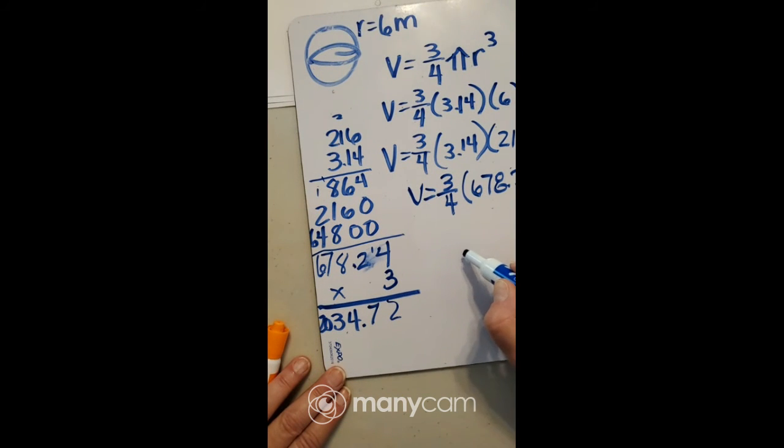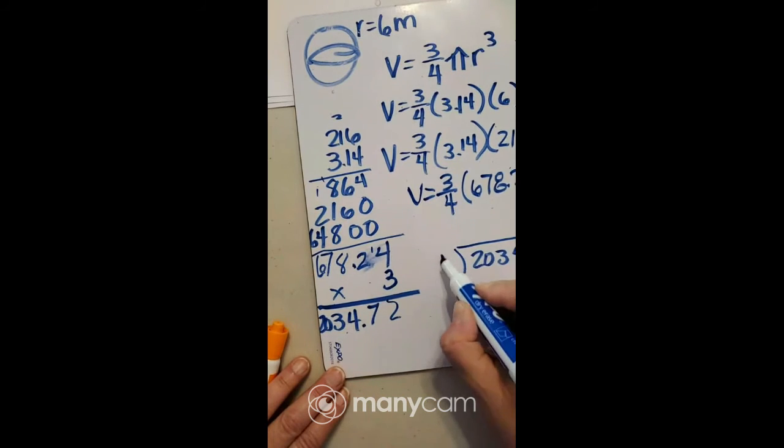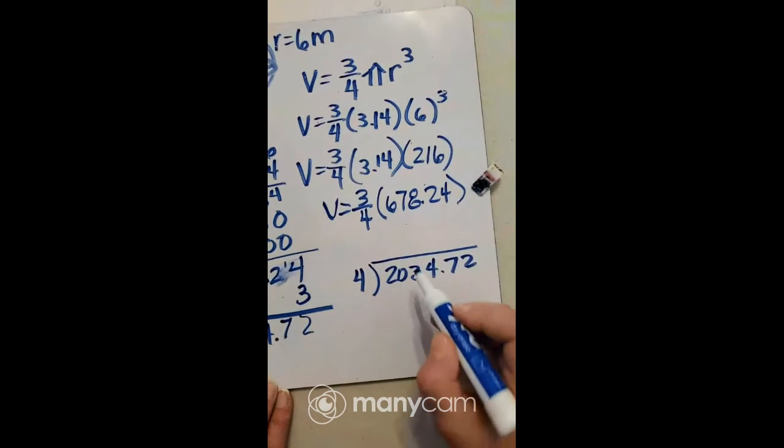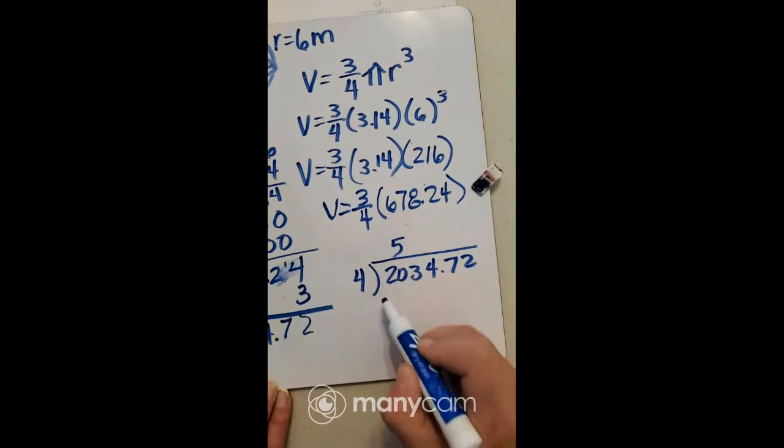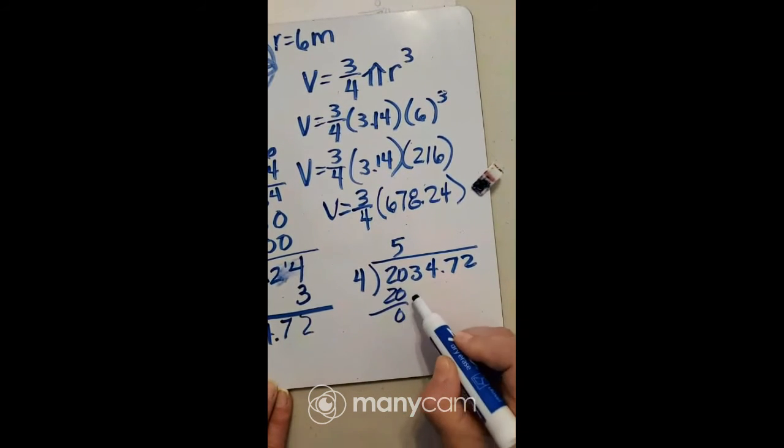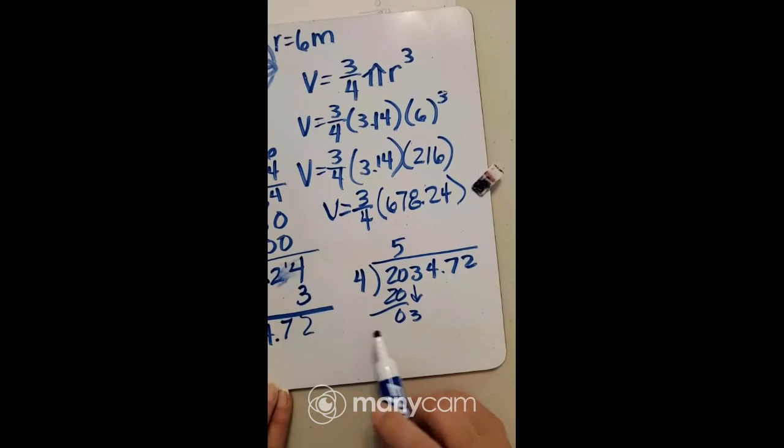Now I need to divide that number by 4. 2034.72 divided by 4. 4 can't go into 2, but it goes into 20. So 5, bring down the 3. Now this is too small. 4 cannot go into 3.